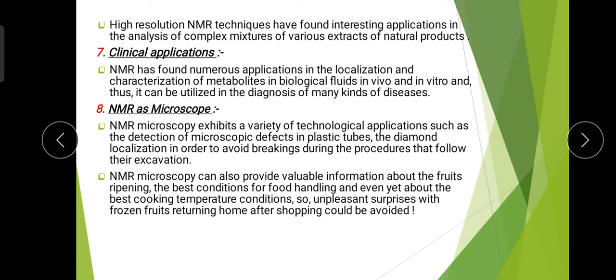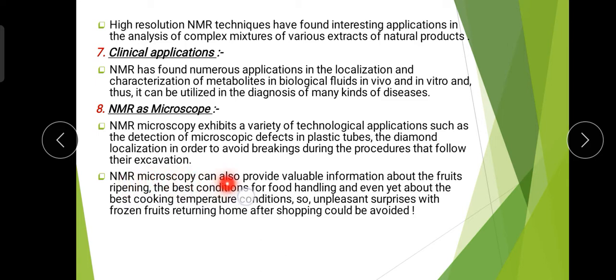That means, how do we use the NMR microscope? The NMR microscope is used to study the microscopic defects in plastic tubes as well as in diamond localization. So with the help of NMR spectroscopy we can study the breaking of the sample or breaking in different materials during the formation. So this is the NMR application.